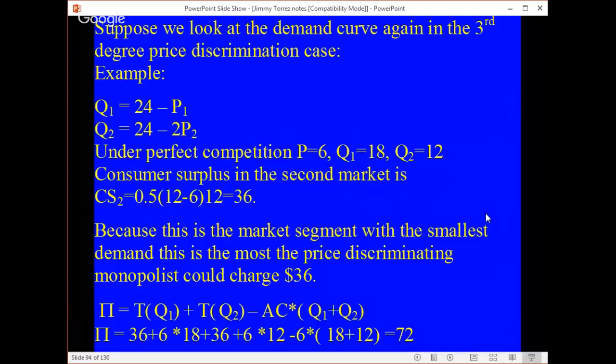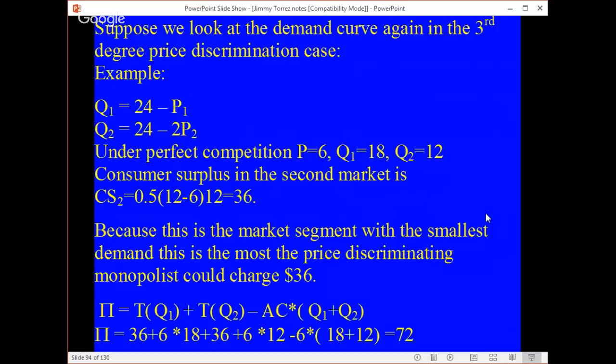Now the example I give here is a little different because I'm assuming there are two markets and I'm trying to separate the markets according to willingness to pay.